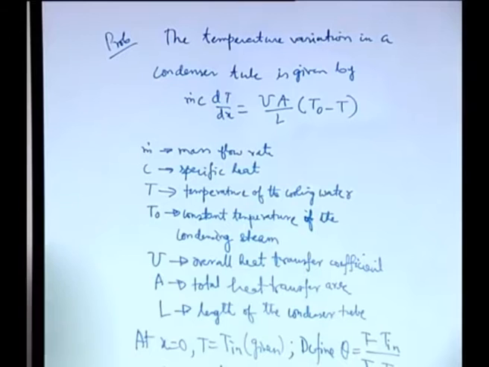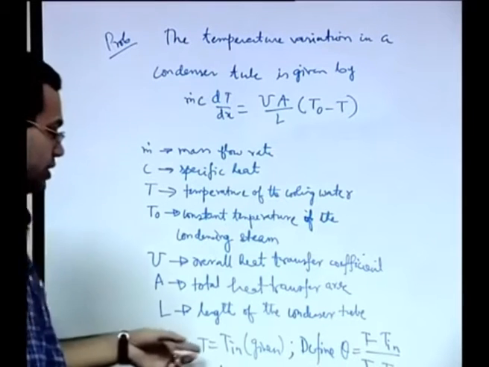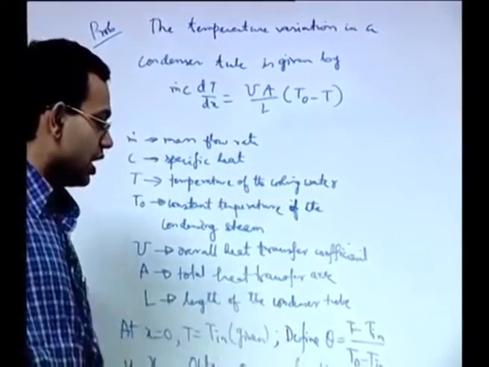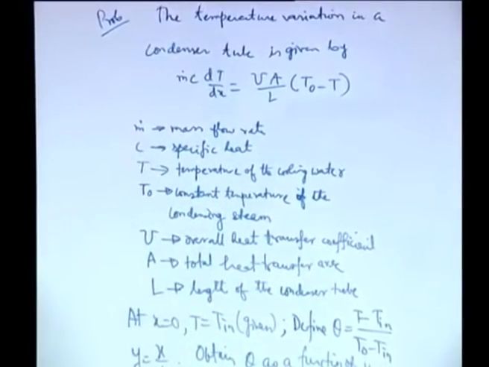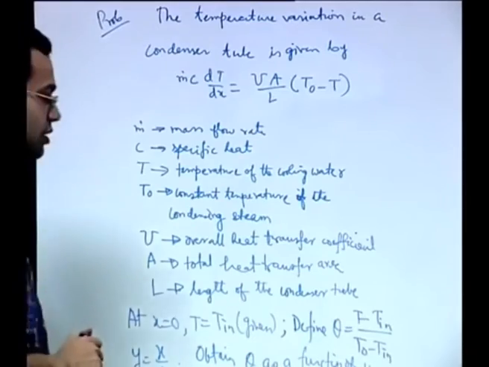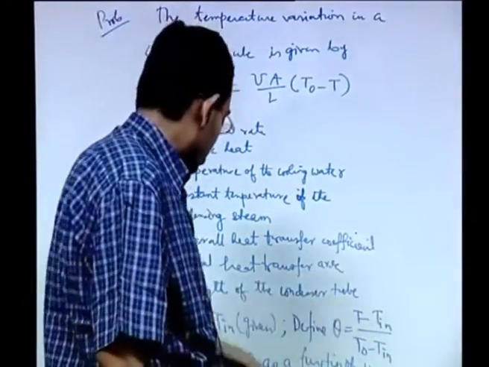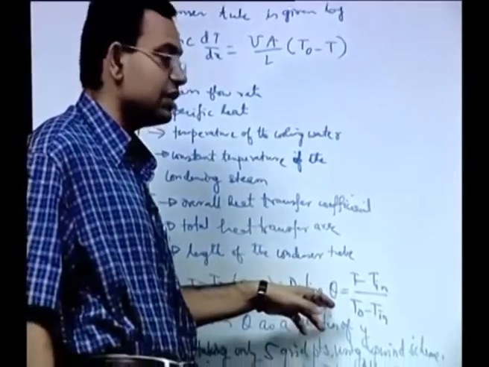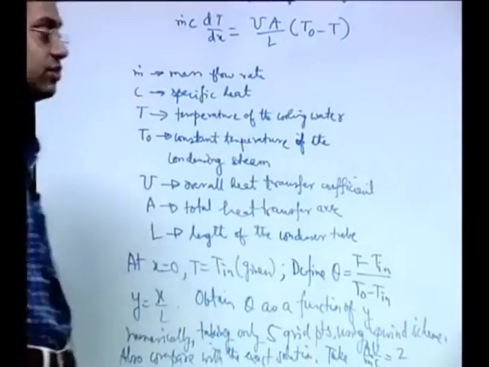Now what is given is at x equal to 0 at the inlet, the inlet temperature is given, and you have to find out the temperature distribution along the length of the condenser tube using an upwind scheme, with non-dimensional coordinate y equal to x by L and non-dimensional temperature theta defined as follows.